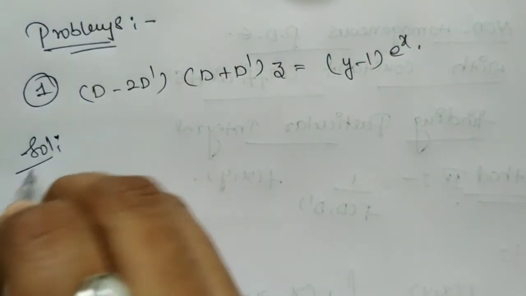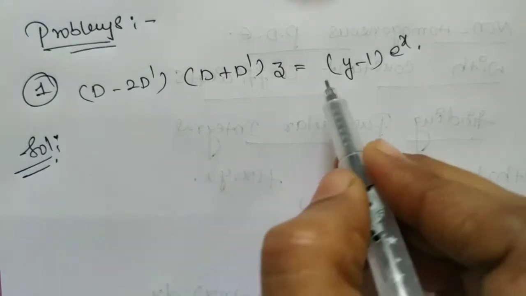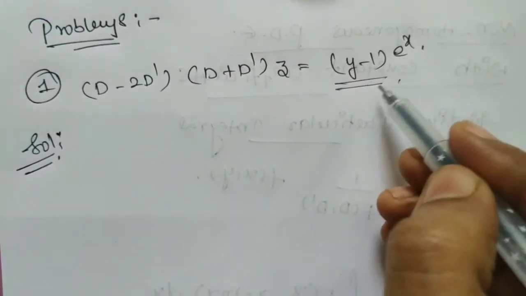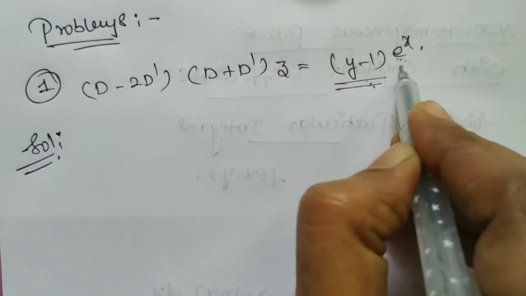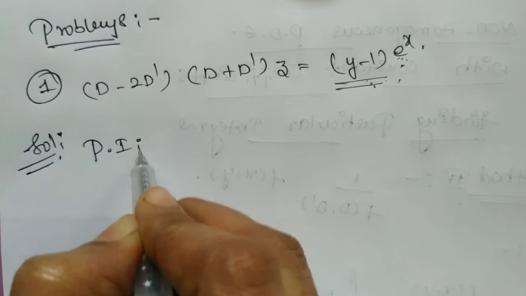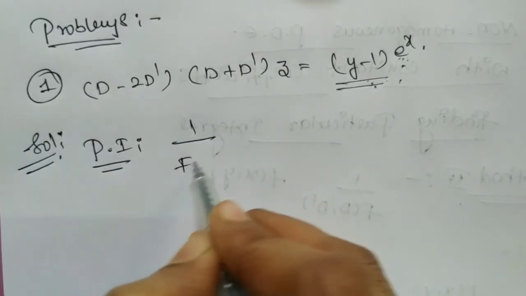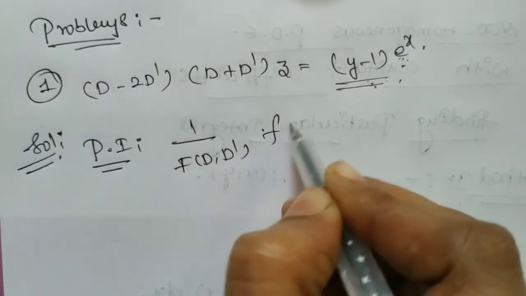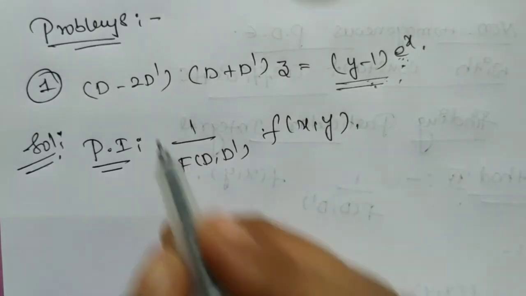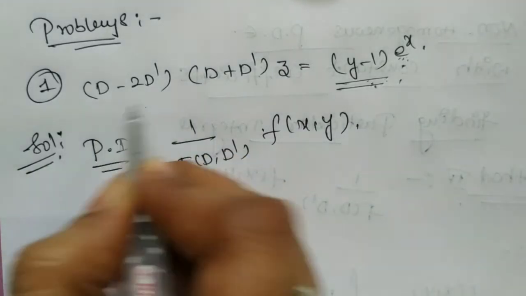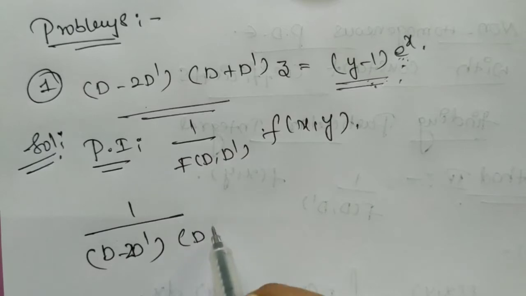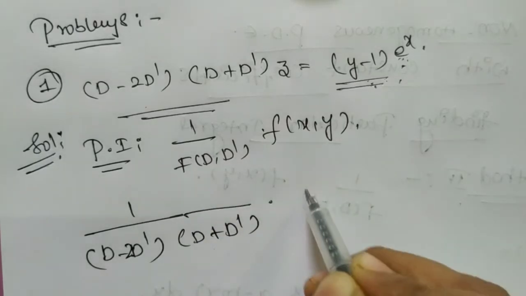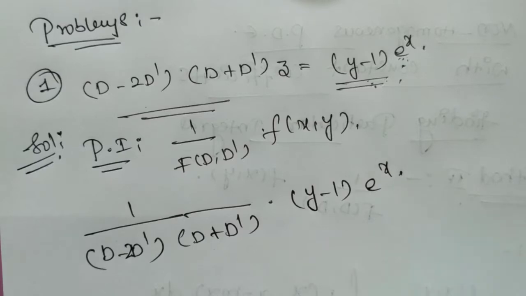This is in the form of method 4, since the right-hand side of the differential equation is in the form of f of x, y. Then the particular integral is 1 by f of D, D dash into f of x, y, where f of D, D dash is D minus 2D dash into D plus D dash, acting on y minus 1 into e power x.